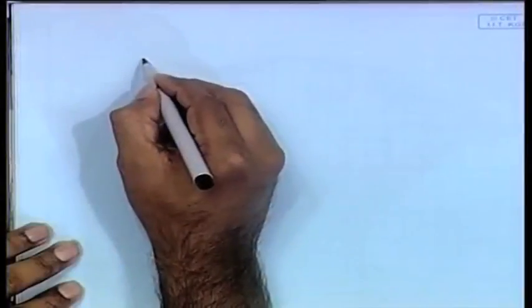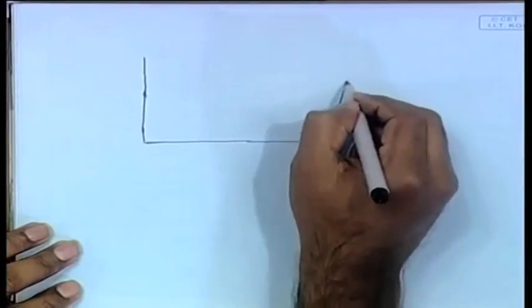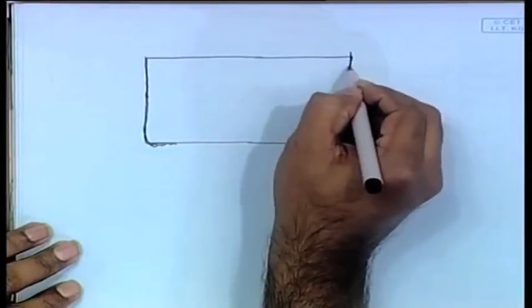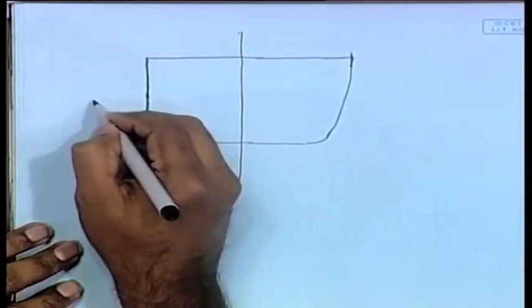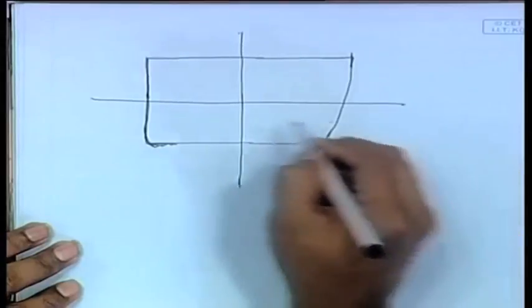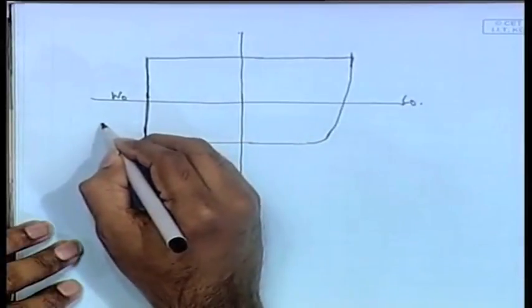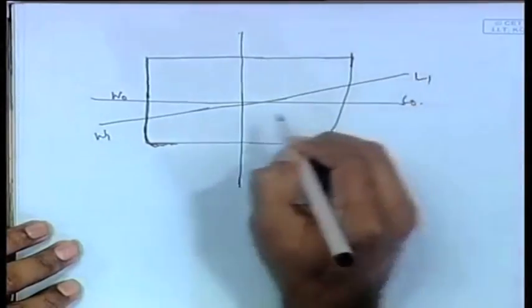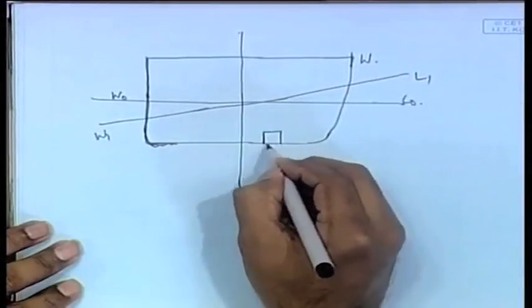In this problem, initially there is a weight, okay, the whole system is the same, there is a capital W and let us call this a small weight sitting here at small w.